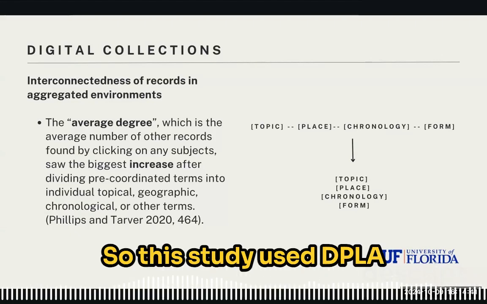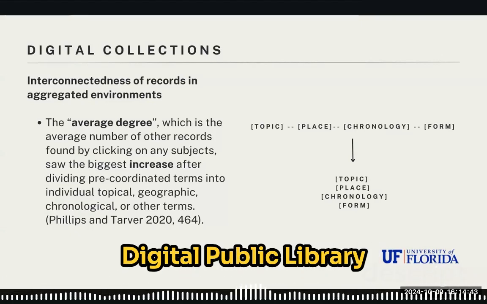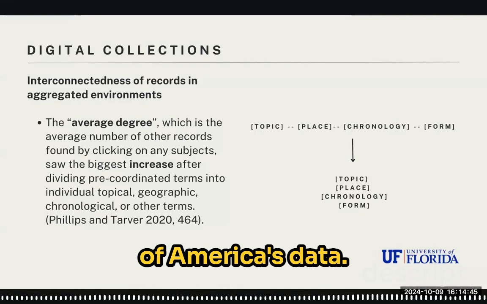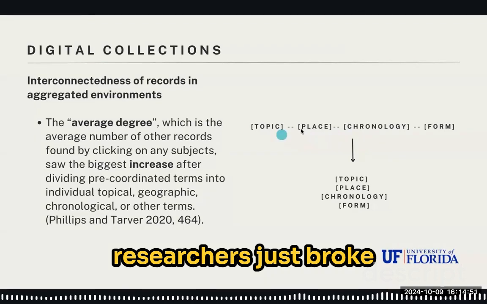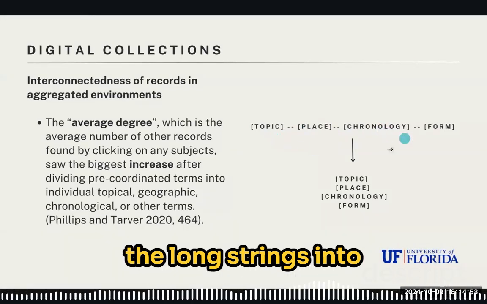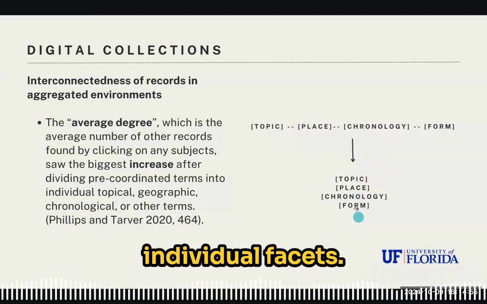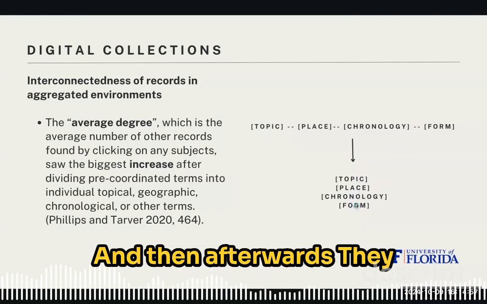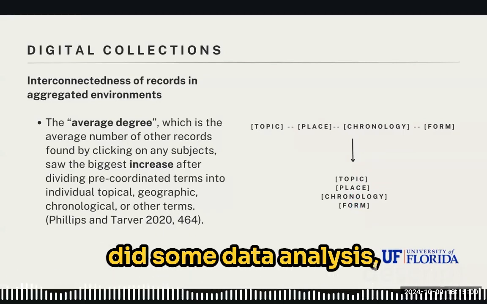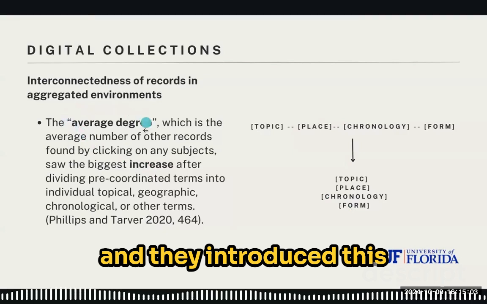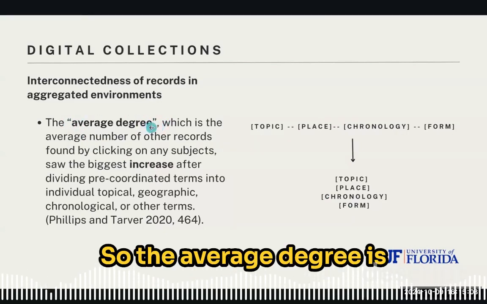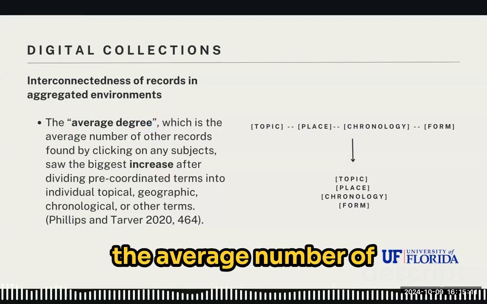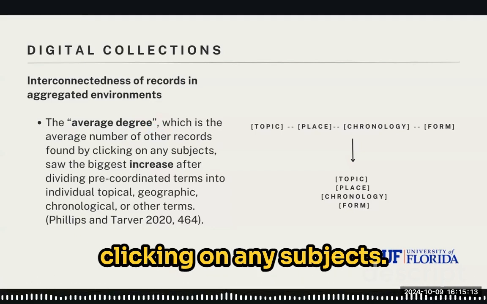In this study, the researchers broke the long strings into individual facets. Afterwards, they did some data analysis and introduced this concept, average degree. The average degree is the average number of other records found by clicking on any subjects.